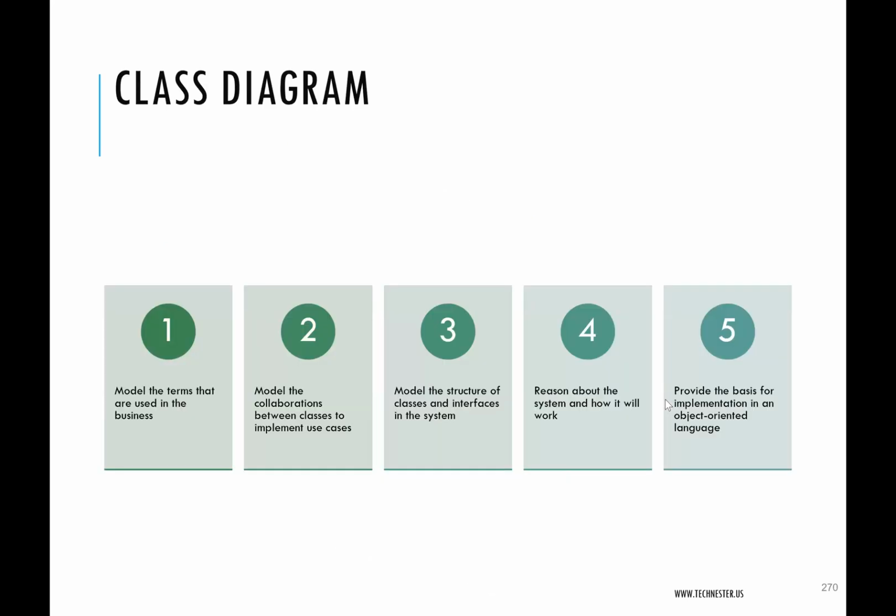So it's not surprising that when we're talking about classes, we are talking about the things that are nouns in our system. A noun is the name of a person, animal, place, or thing. So the nouns in our system are what we represent using class diagrams.